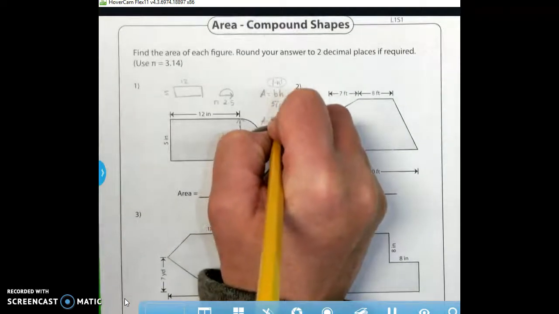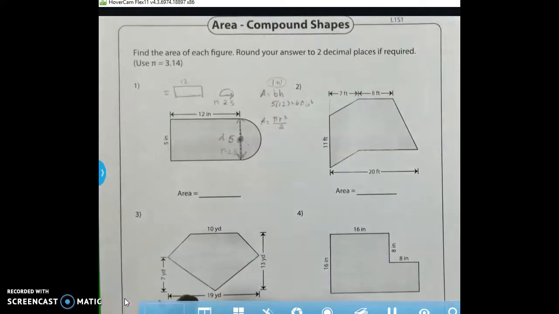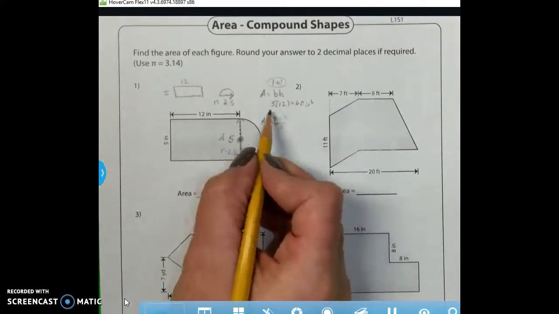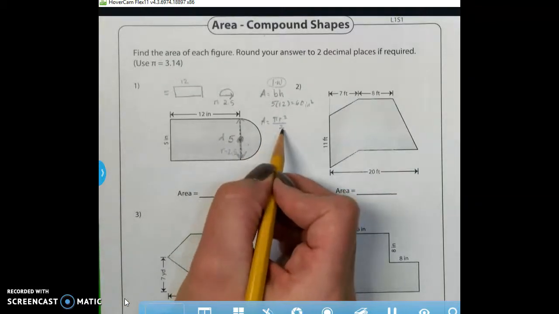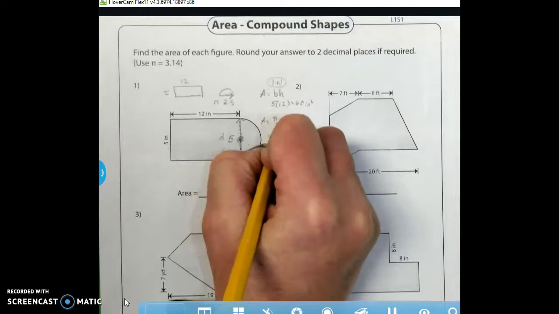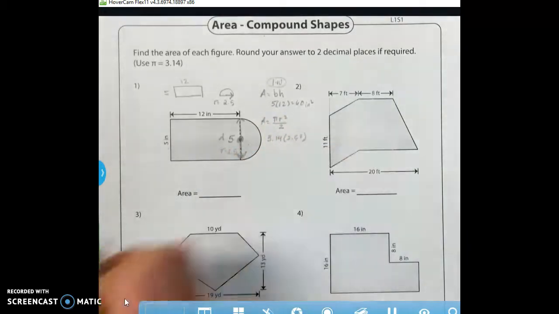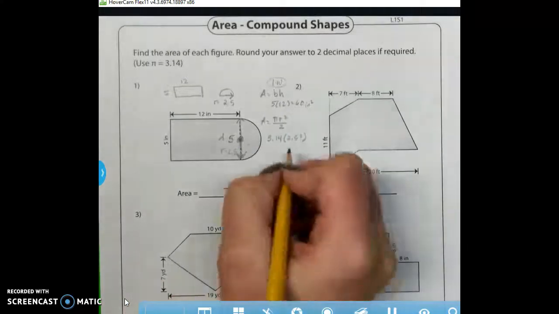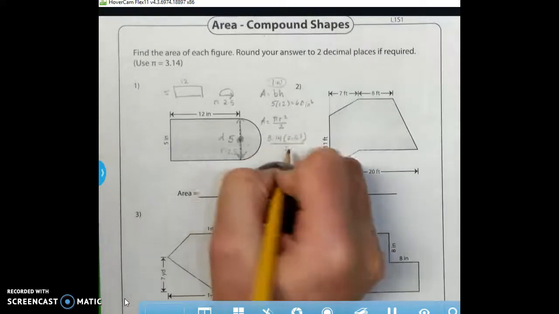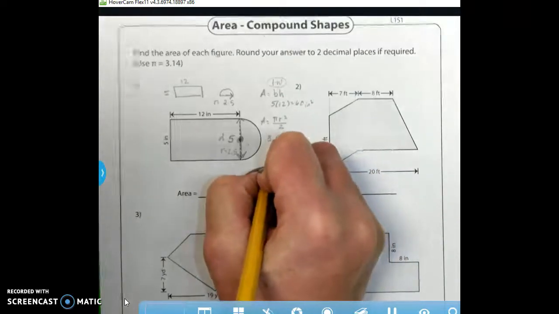So that means pi r squared divided by 2. We've practiced with these semicircles. We need to make sure that we are dividing by 2 in our formula, setting ourselves up for success right away. So then I'm going to go ahead and divide by 2. Take your time, write out your work.